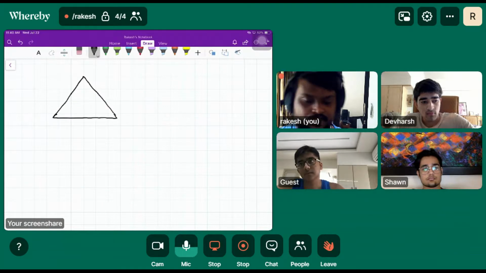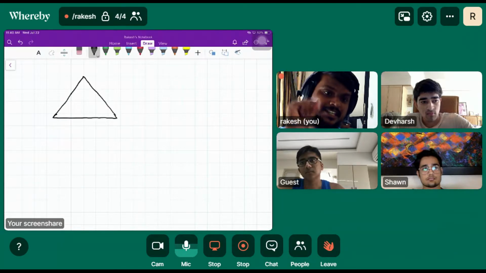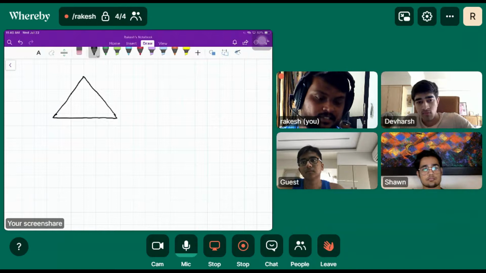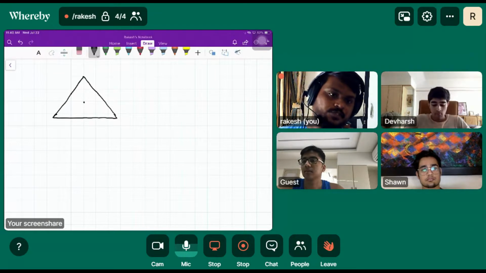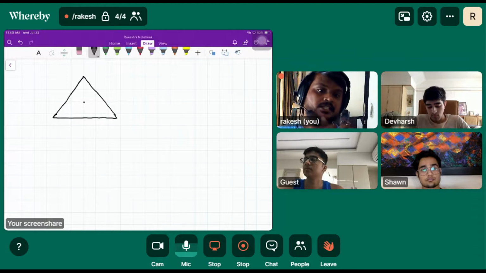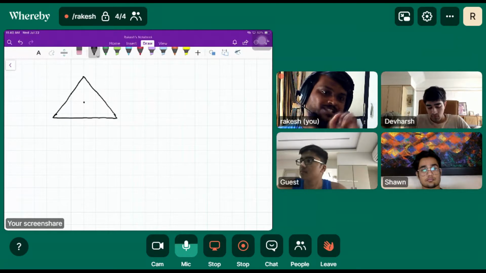What is the center of this triangle, where the medians meet? That point is called the centroid. Can we assume that all the mass is concentrated at this point only, or can we say that the centroid is the same as the center of mass?